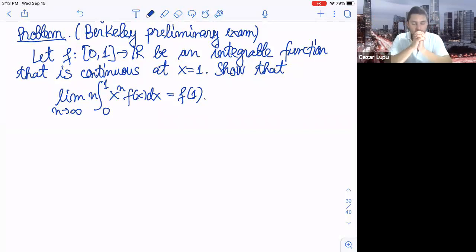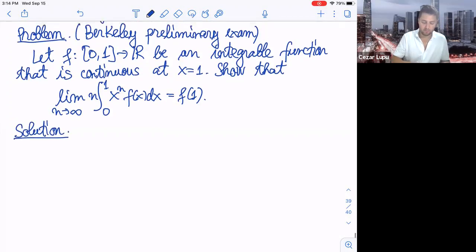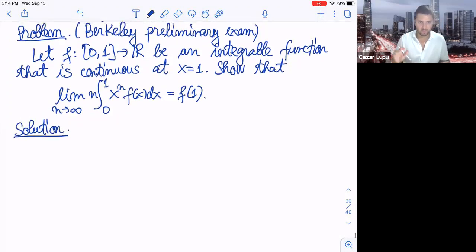That's pretty much the classical approach. But this could also be seen as a standard application of the Lebesgue dominated convergence theorem, and let's solve it in this way. We have to be a little bit careful, because we have to be precise with the solution here.